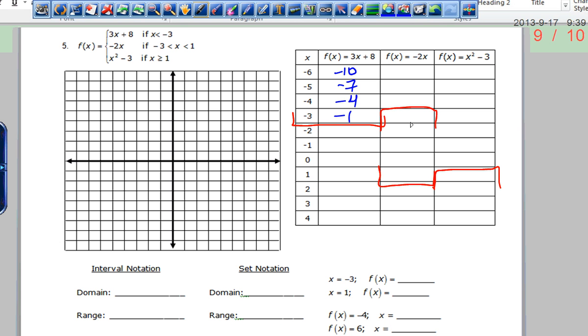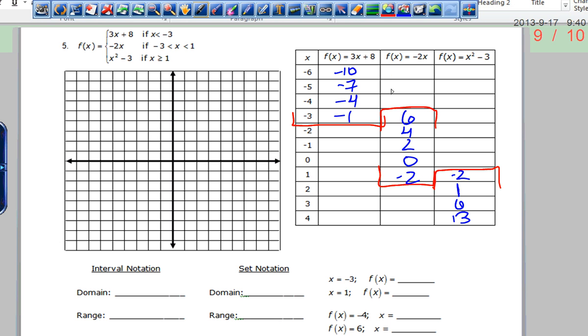My first ordered pair is -3 comma 6. 4, 2, 0, and -2. And my last one, I'm just plugging these x values in out of this third column. So 1, -2, 2, comma 1, 3, 6, and 13.